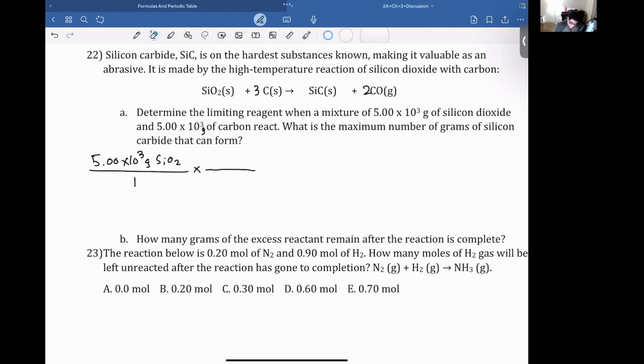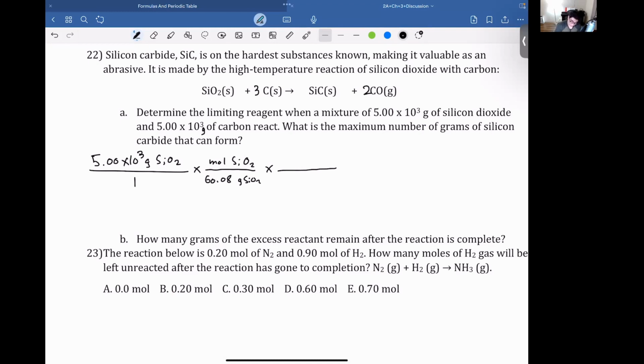So first we convert to moles. Silicon dioxide has a molar mass of 60.08. So now I have the moles. Now I can figure out how many moles of reaction I get.